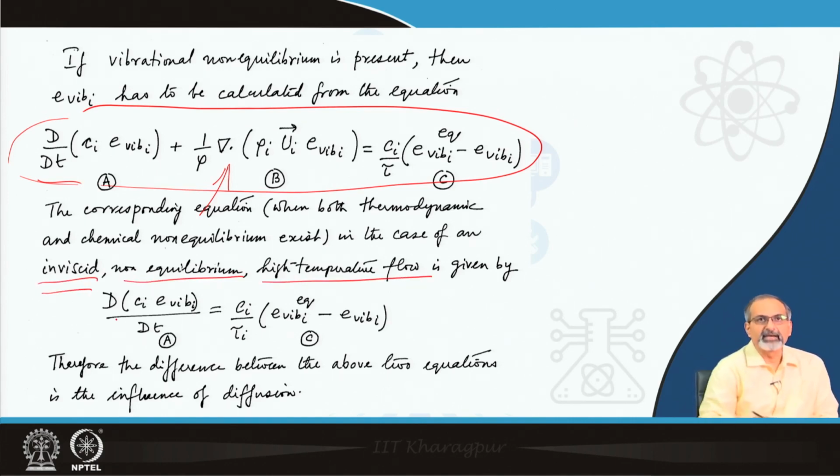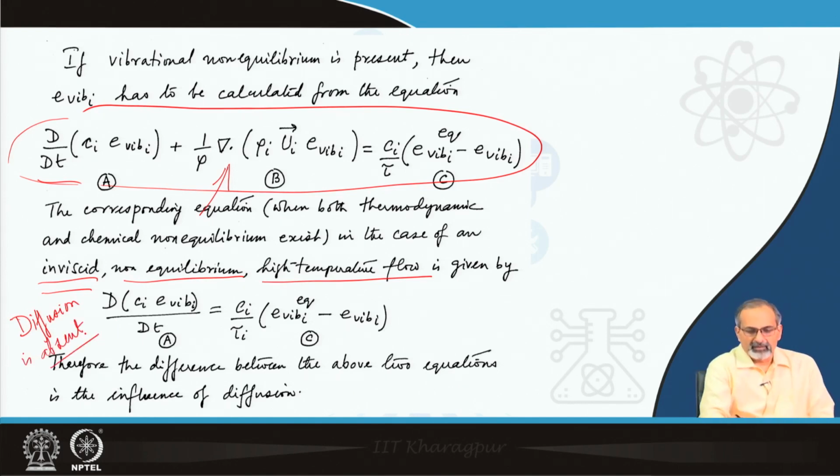The difference is due to the inviscid nature, where the diffusion is absent, and then you see that the equation basically shrinks to the two terms A and C. There is no presence of the diffusion term in the above equation. That is what we have highlighted over here. So, that is purely a viscous effect which you have to distinguish.